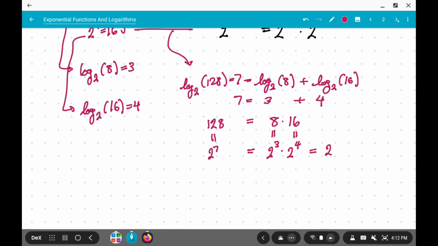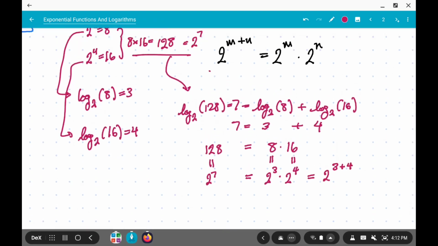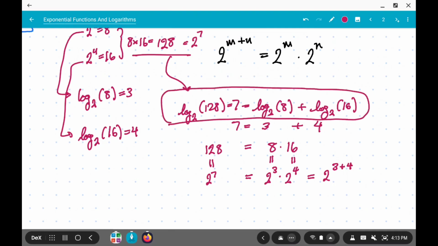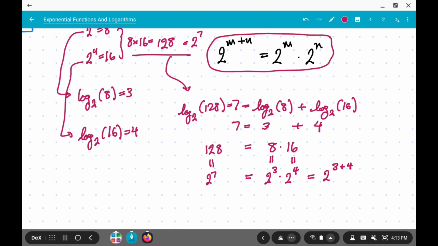And again, what makes this work is this property of exponents, that 2 to the m plus n is 2 to the m times 2 to the n. Okay? So the key fact here is that a property of logarithms comes out of this property of exponents.